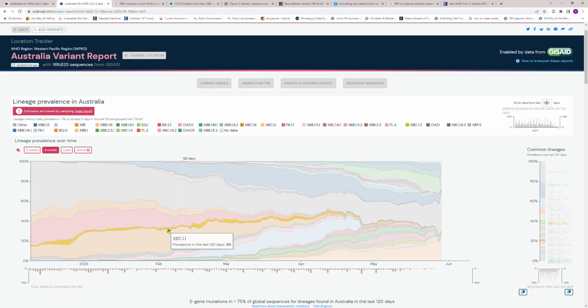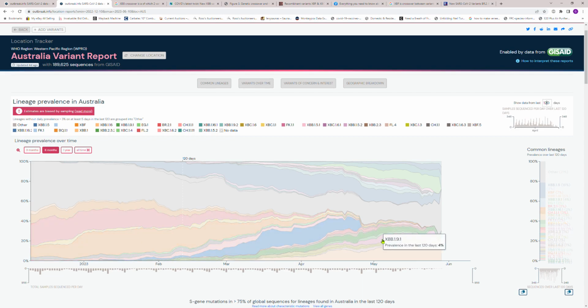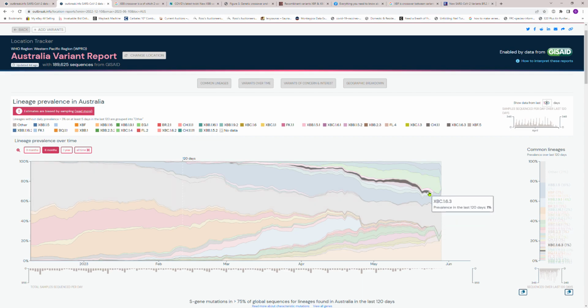And so that's been around for nearly 2 years. Now, it's been in Australia for quite some time, and it hasn't quite gone away, because even if you look at more recent data, you'll notice there's still some versions of XBC around. We've got XBC.1.6.3, XBC.1.6.1.